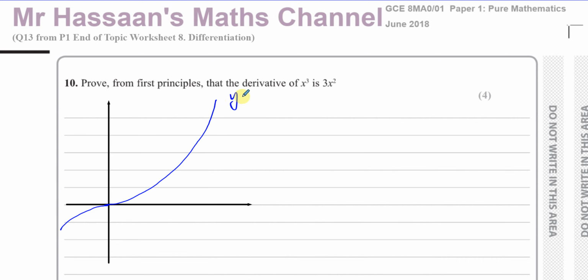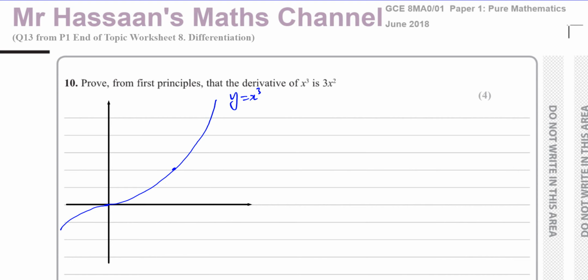That's a basic sketch of part of y equals x cubed. When we are finding the derivative of a function, we are finding the gradient function. So I'm going to take a random point, and I'm going to call it P.